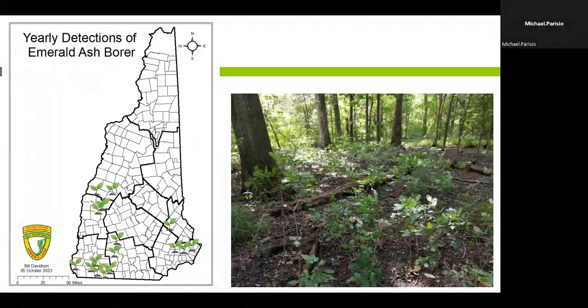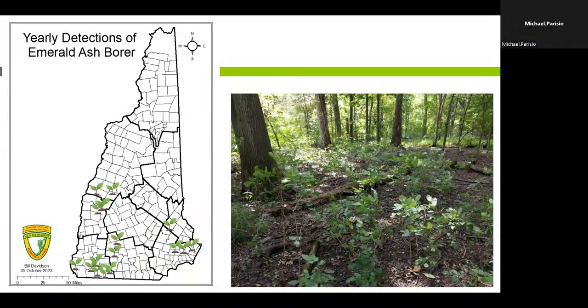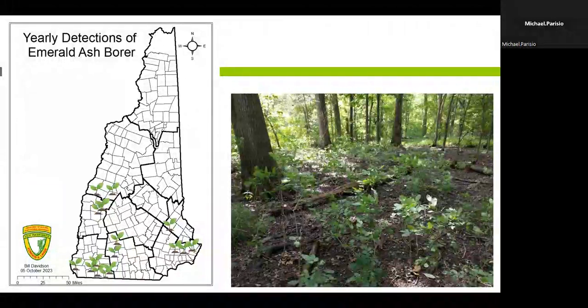So I think it ended up being 16 or 18 sites throughout the state. And that picture on the right is showing the hopeful end goal: good seedling establishment that can hopefully grow into larger trees in the future.